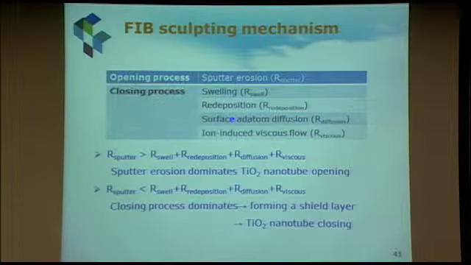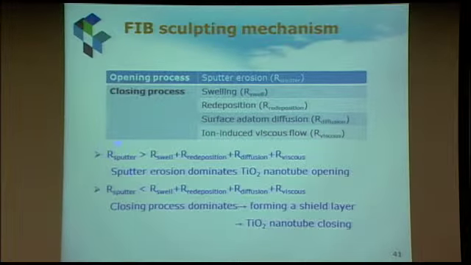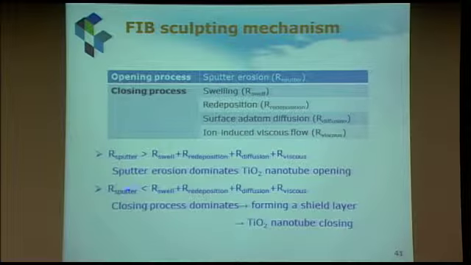And the atoms actually also diffuse. We call those atoms adatoms. Actually, eventually there is a viscous flow. We have developed the profile of the flow process. So if your sputtering process, the high voltage process, is greater than all these processes, you're going to open the pores up. If this process is slower, you actually are going to close the pores.